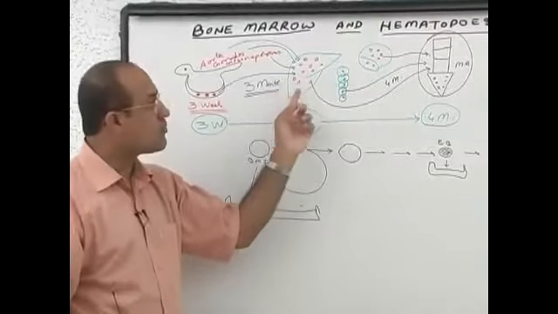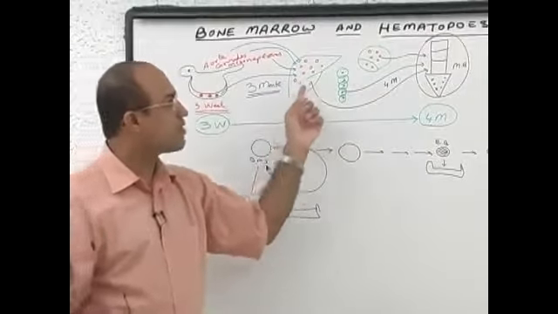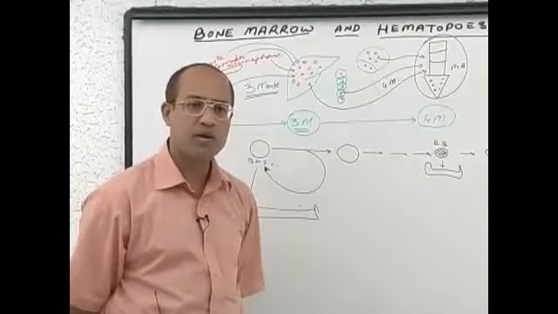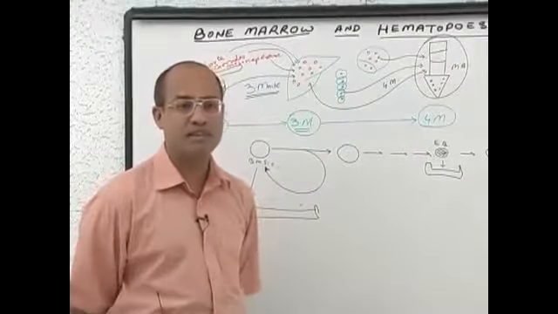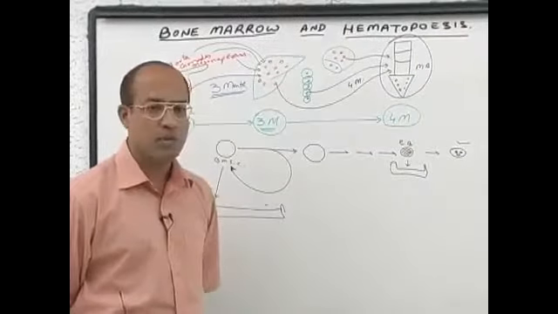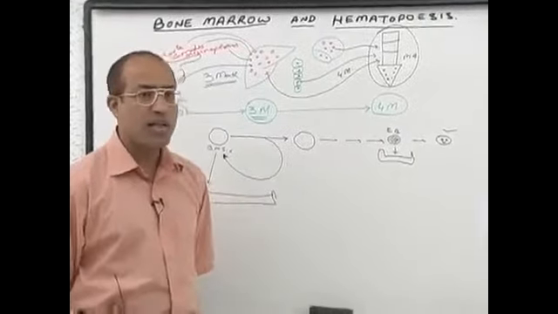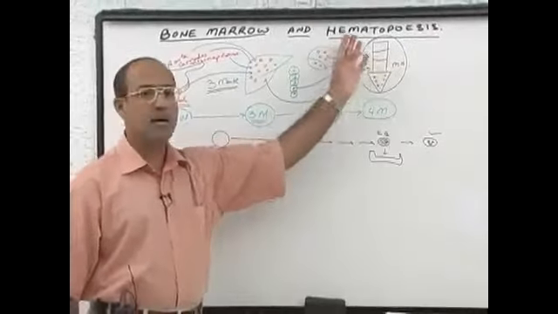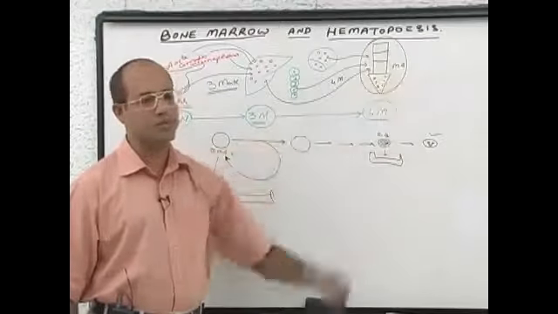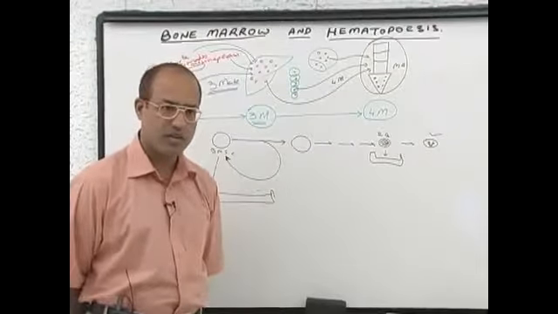But around the 4th month of fetal life, hematopoietic stem cells migrate to the bone marrow. Bone marrow becomes their permanent resident for the future. In the bone marrow, these stem cells populate well, they proliferate well, and from there they release their mature products like RBCs, WBCs, and platelets into circulation. Is it clear to everyone?